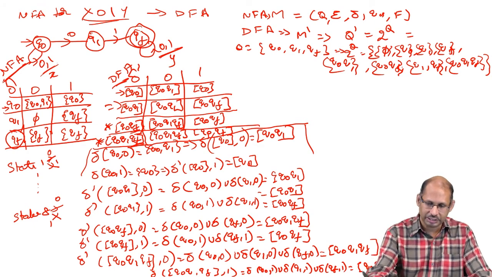Now we'll see its transition diagram. So consider Q naught and Q1.